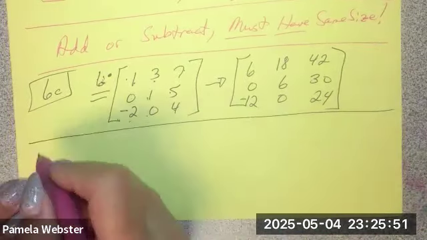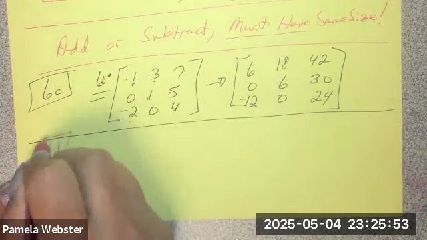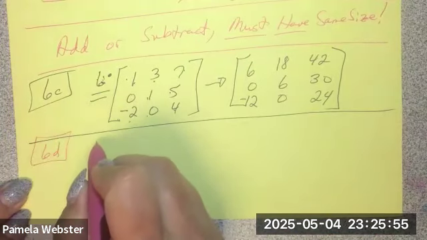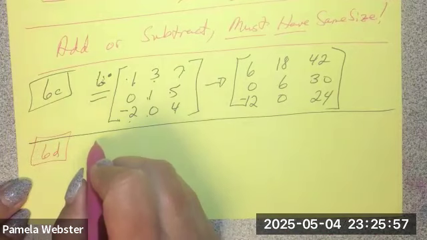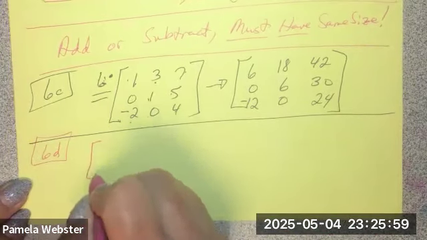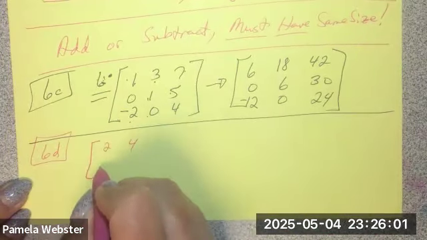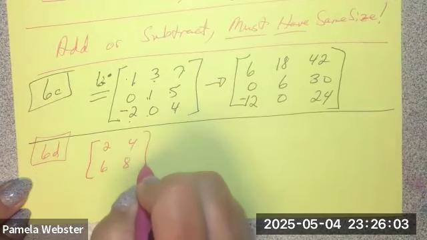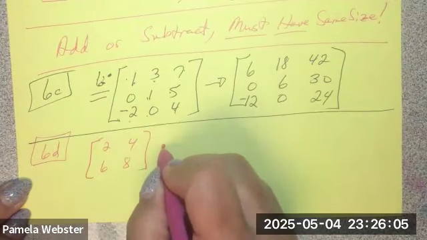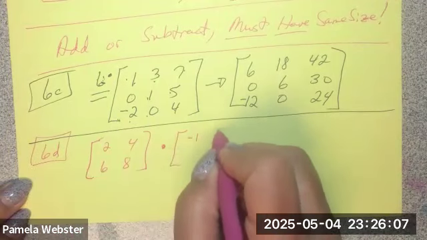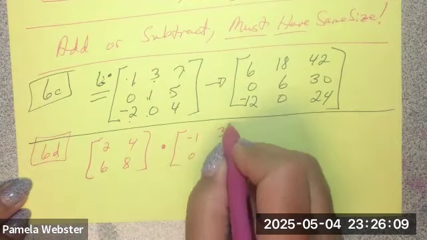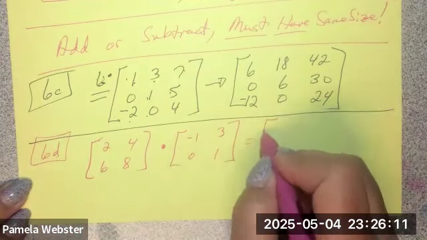All right. And then the one that about half of you still struggled with was, what if I want to multiply two matrices? So 2, 4, 6, 8 times -1, 3, 0, 1. All right.